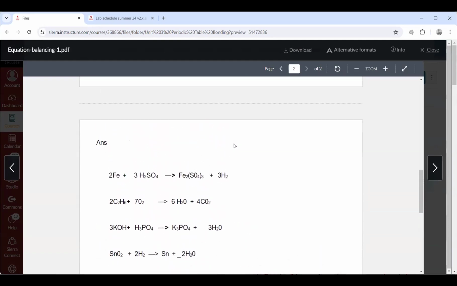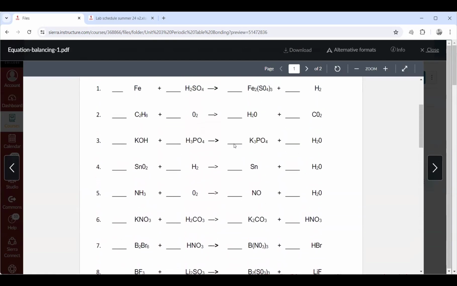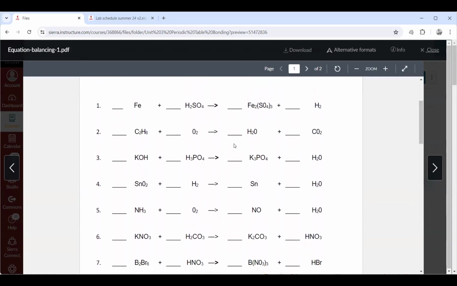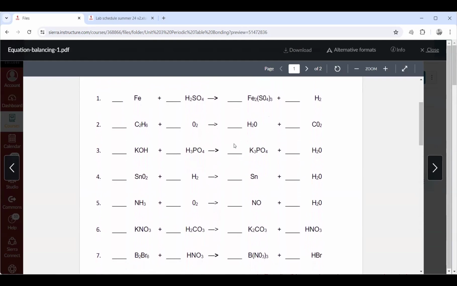Now you can jump around if you want. Do not do number 9. 9 is the hardest one on the page. That one I'm going to show you a little trick that'll help you do that problem. Okay, so let's practice this. And again, don't underestimate this. This is the first step of doing stoichiometry. It's crucial that you understand how to do this.